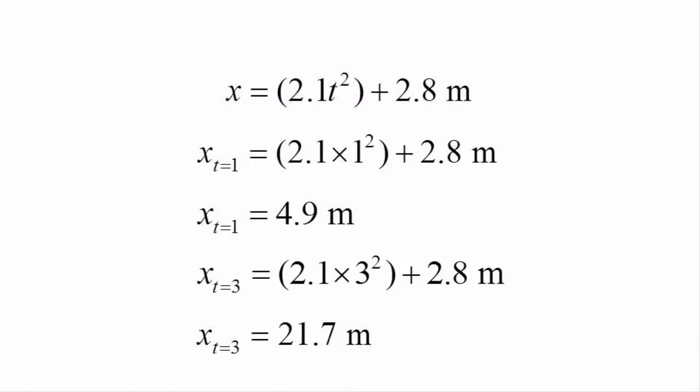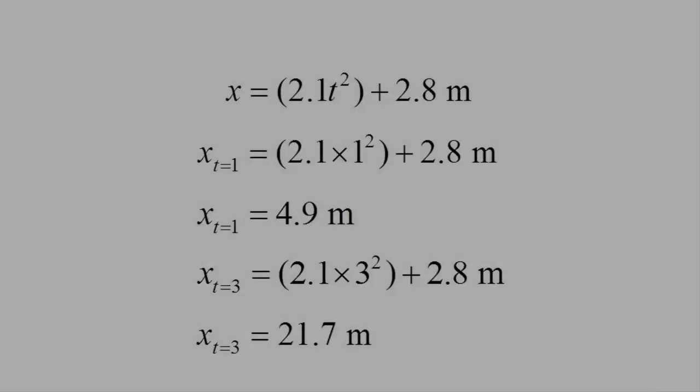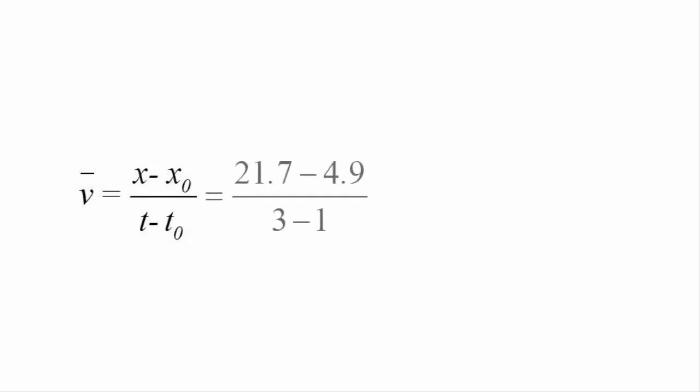Now that we have the positions, we can substitute them into the average velocity formula. So the displacement between 21.7 meters and 4.9 meters is 16.8 meters, and the duration between 3 seconds and 1 second is 2 seconds.